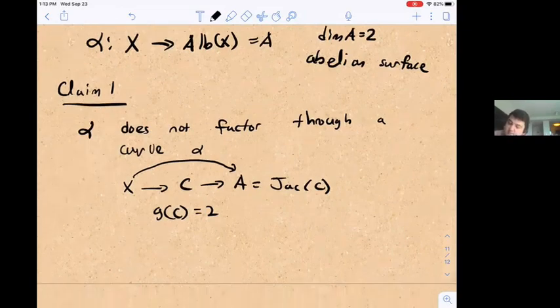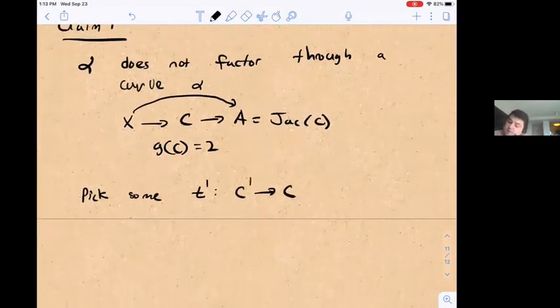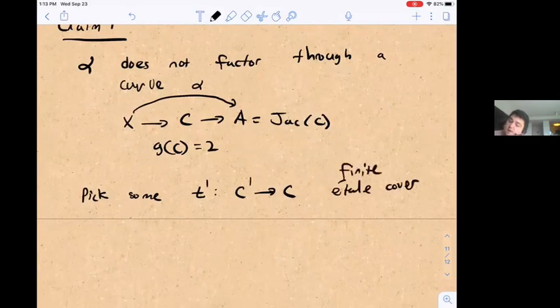So pick some T prime from C prime to C, where this is some finite étale cover with the genus of C prime strictly bigger than 2. These exist for higher genus curves.